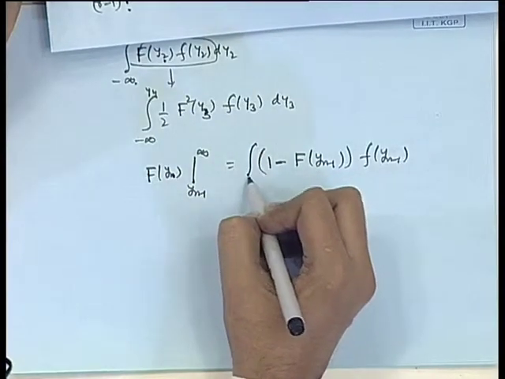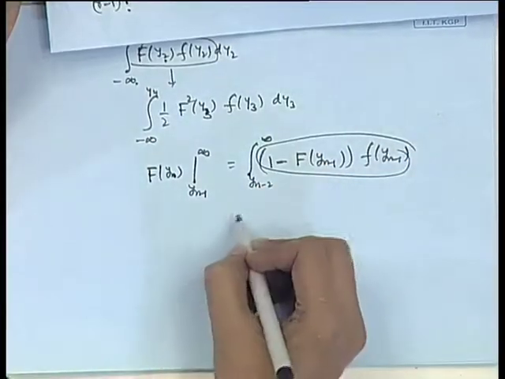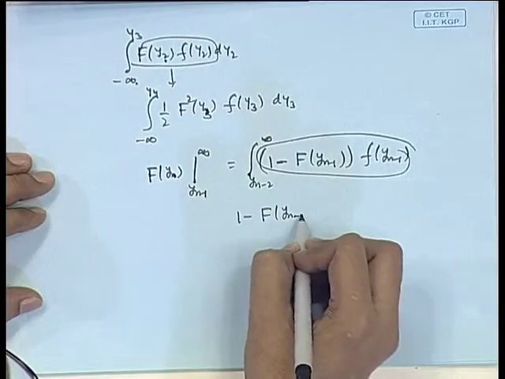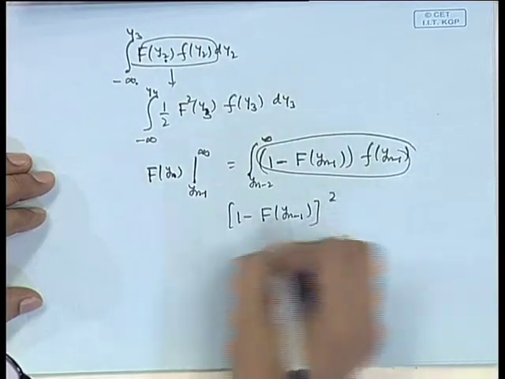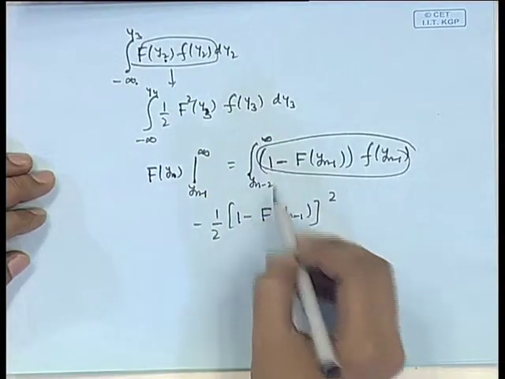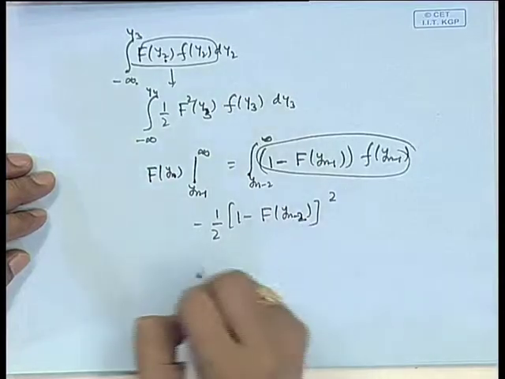This we are integrating from y_{n-2} to infinity. Again we notice here that the integral will be (1 minus F of y_{n-1}) squared by 2 with a minus sign. So, at infinity this will become 0, and at y_{n-2} this will become this term.